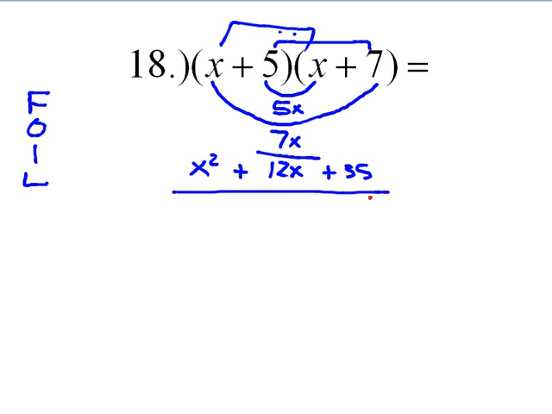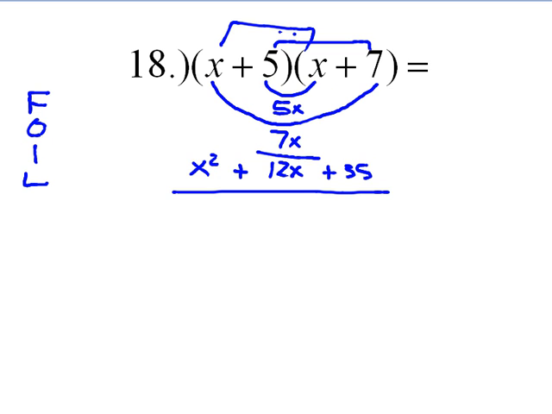That is the trinomial answer to multiplying these two binomials. I don't have to remember first terms, outside terms, inside terms, figure out which one it is. I just kind of am very lazy and make my little smiley faces. It goes very quick and easy once you get used to it.